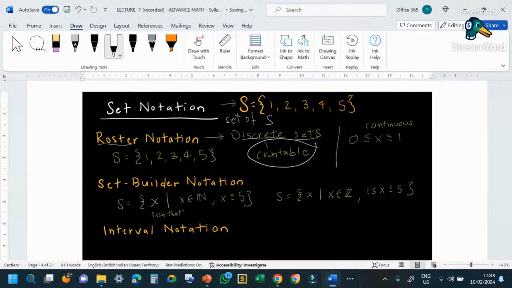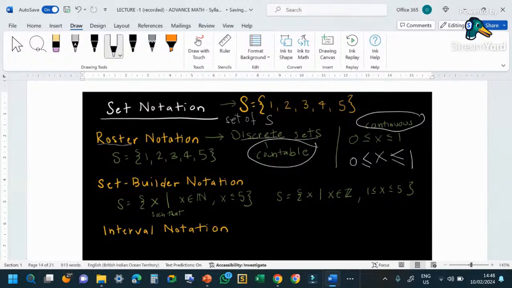They are countable. And if you contrast this with continuous, then you say x, all elements, and we call them x's. All x's will be greater than or equal to 0, which means there could be decimal numbers in between, and less than or equal to 1.